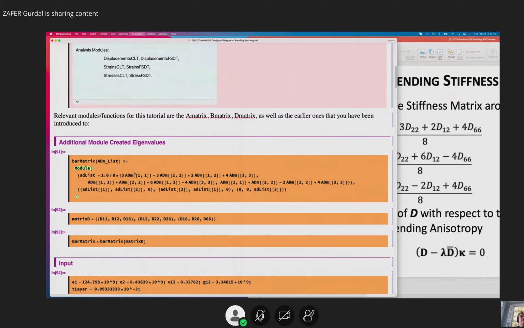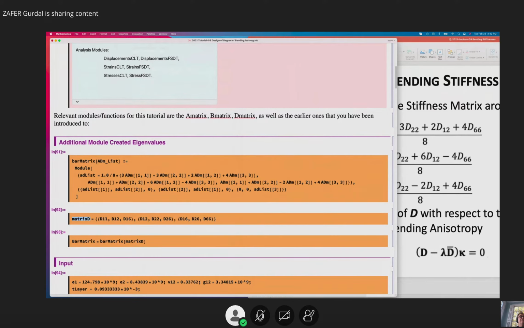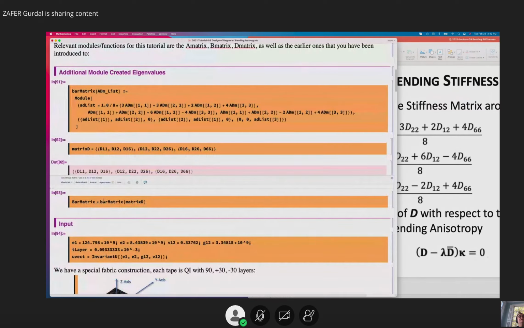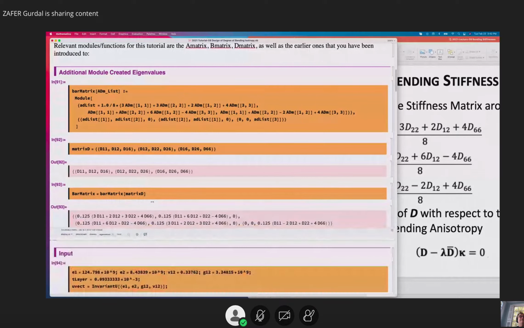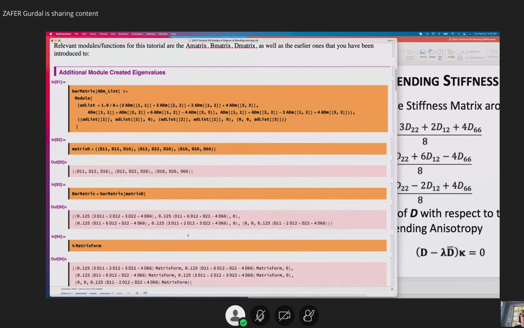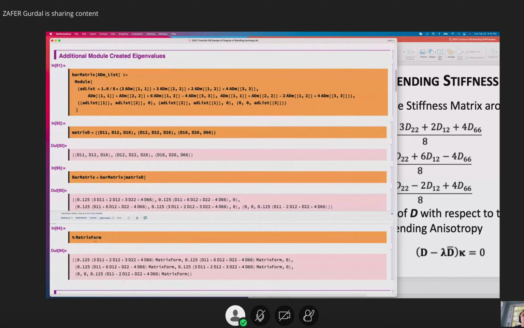It can do either the A matrix or the D matrix. Let's define the D matrix as matrix D to be D11, D22, D66, but it doesn't matter if you ignore D16 and D26. Bar matrix, I can take this matrix and do this, and you get this thing here. If you do percent, matrix form, oops, let me do one more time.